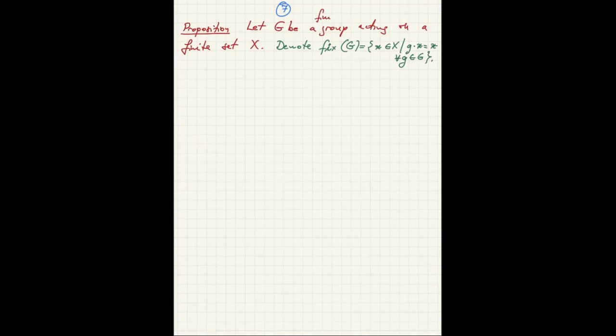So the conclusion is the following. Then the cardinality of the set X equals the cardinality of Fix(G) plus a summation over all x with the property that the stabilizer of x is not the whole group, of the index of G over the stabilizer of x.